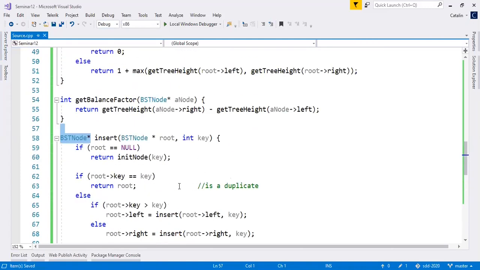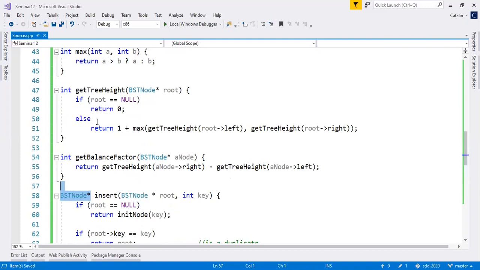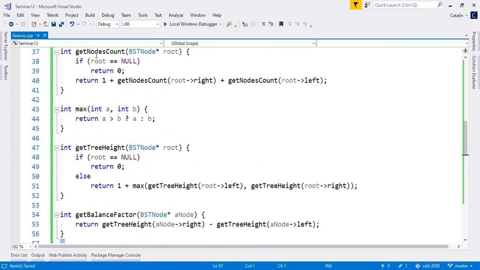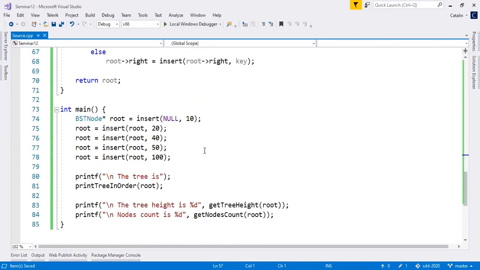Okay, so this is the insert, and we have the auxiliary functions to compute the balance factor and the tree height. We can also count the nodes, but this is additional.